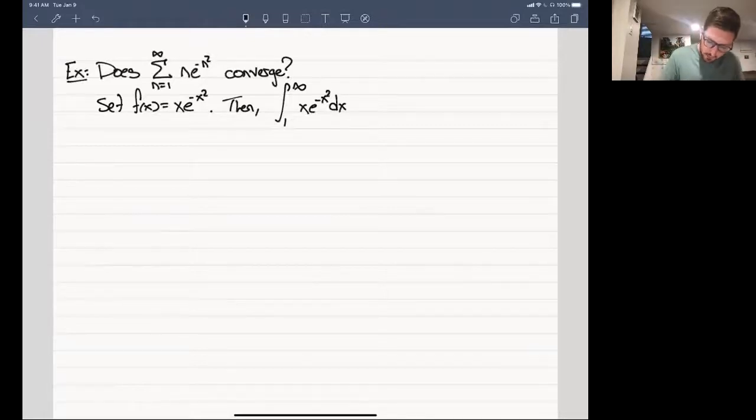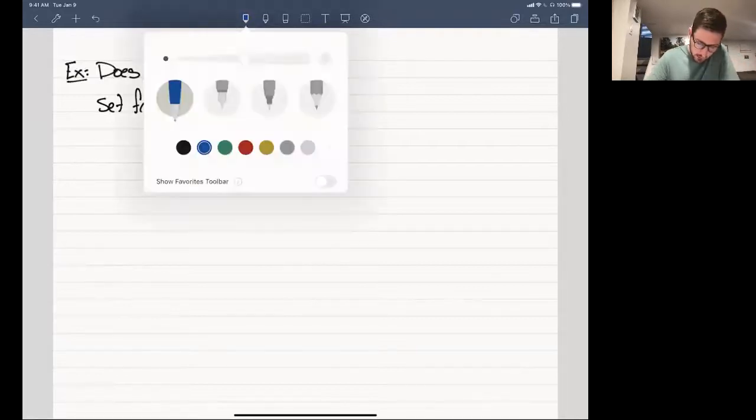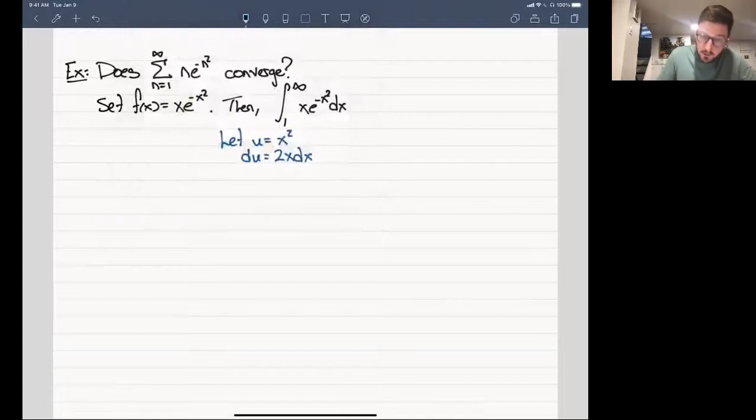If you want to solve this properly, you're going to let u equal x squared. And this gives you du is 2x dx. So it's a substitution problem. If you do the substitution here, you get 1/2. That's coming from the dx substitution.